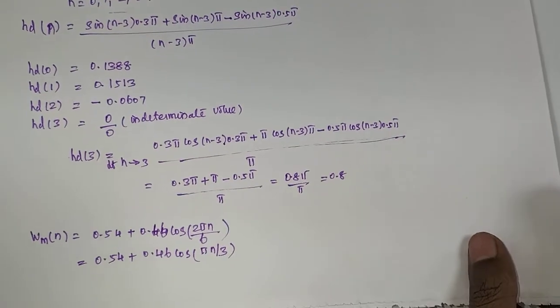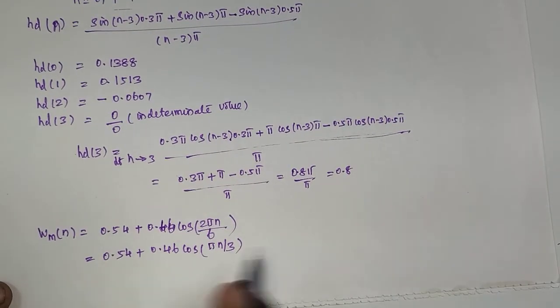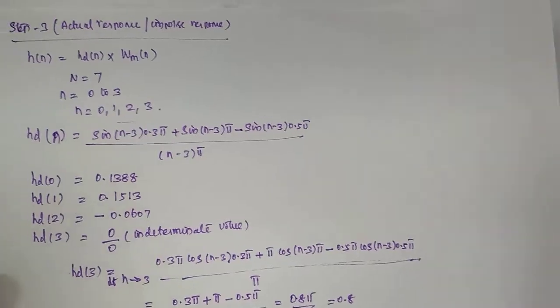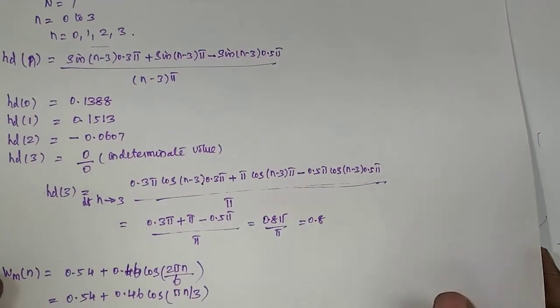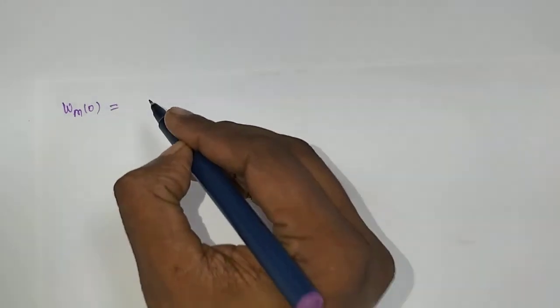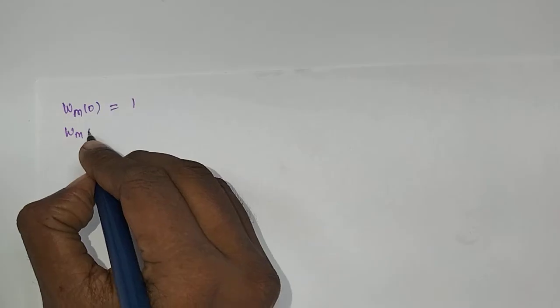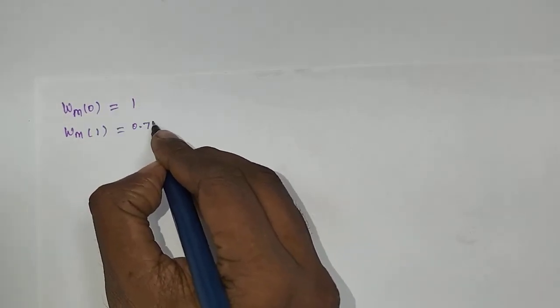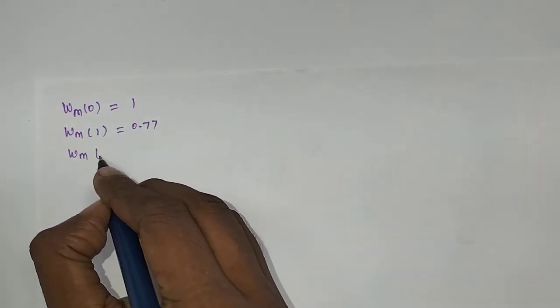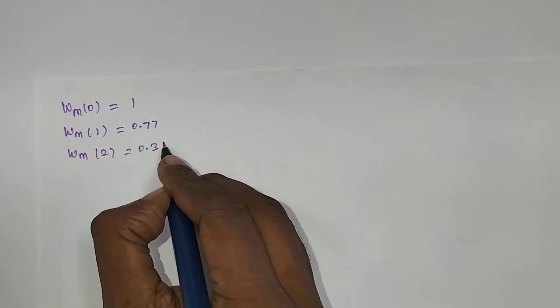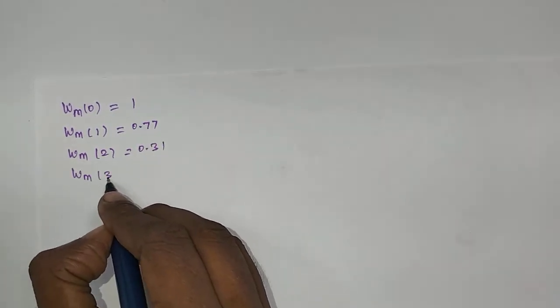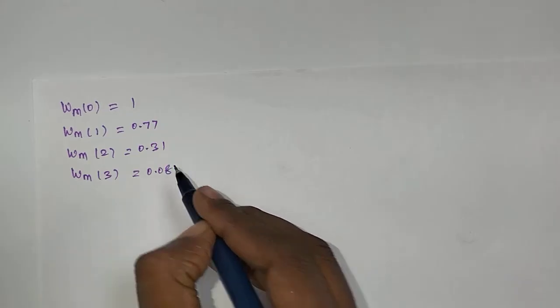For applying the different n values, you have to find the function for different n values. Wm of 0, the value is 1. Wm of 1, the value is 0.77. Wm of 2, the value is 0.31. Wm of 3, the value is 0.08.